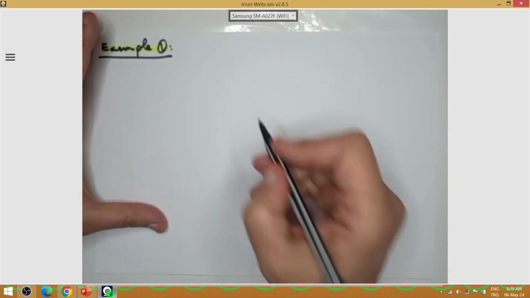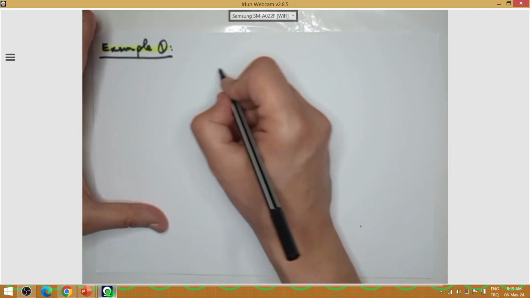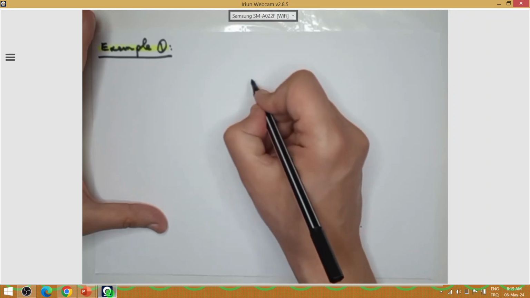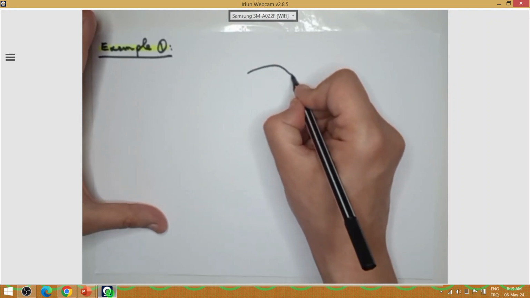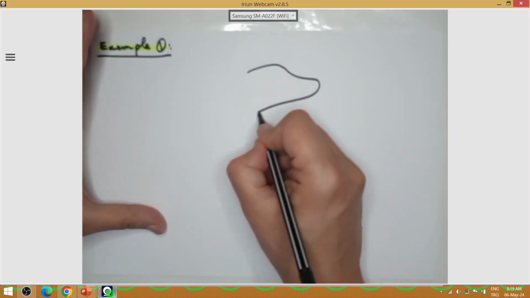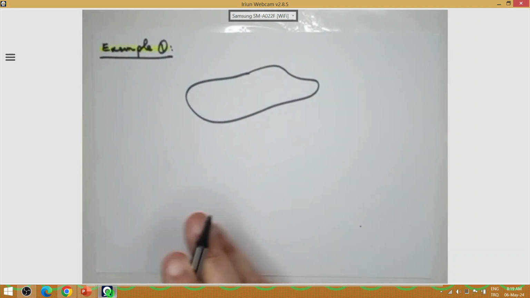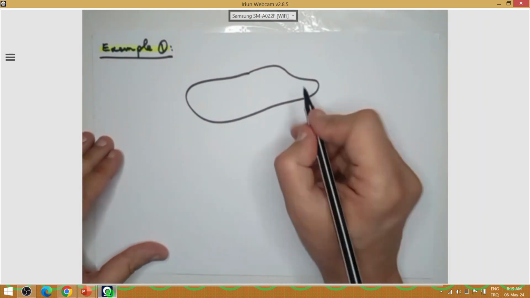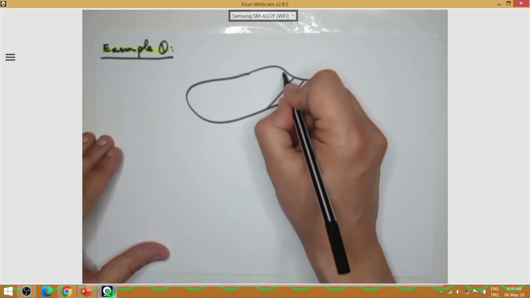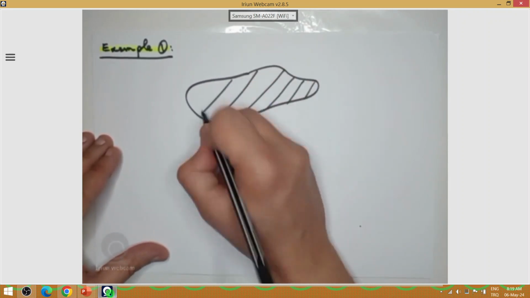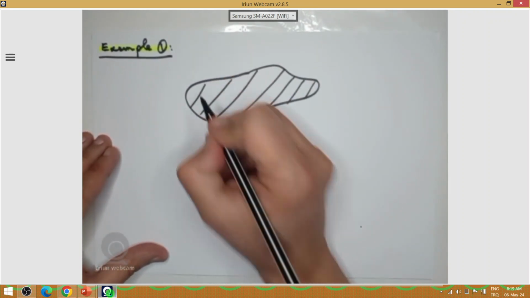Let's suppose that this is our system. It can be any system, it can be gas or anything.